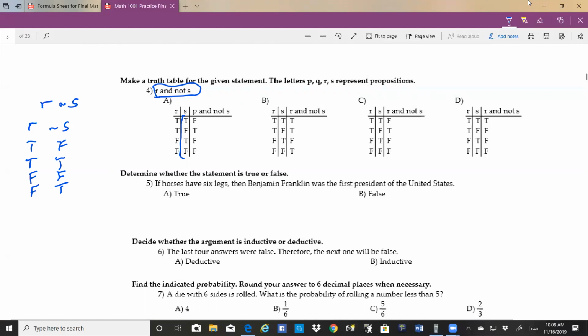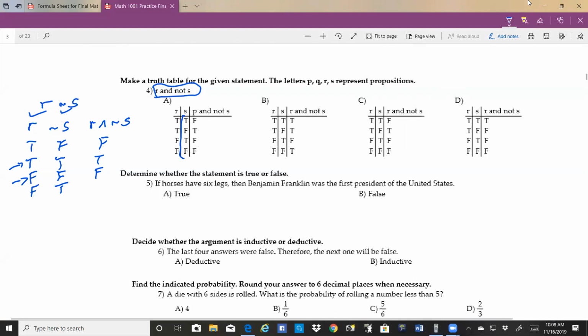So R and not S. We can figure that one out by looking at R and not S. In order for it to be true, both of them have to be true, so this would be false. This one would be true. This one would be false.